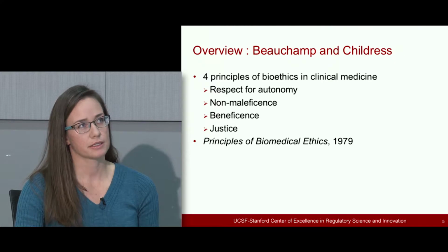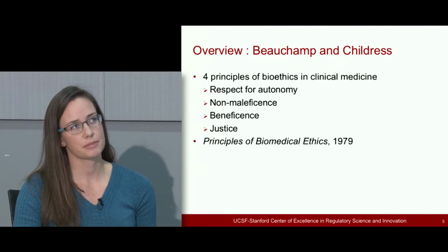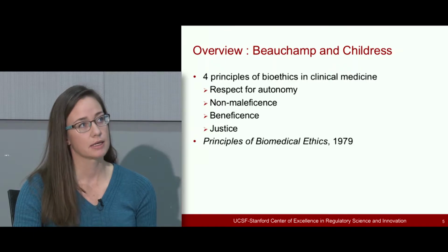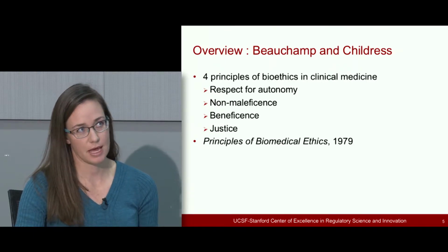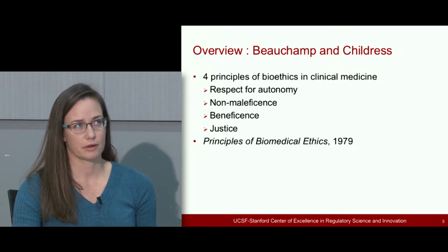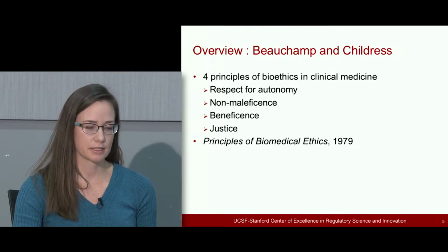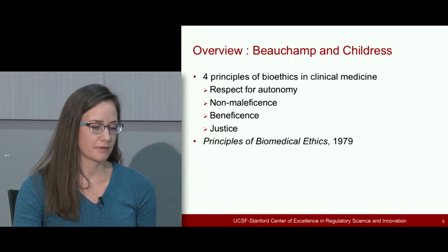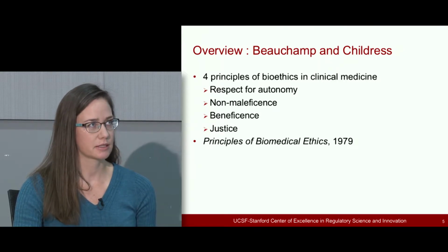The second series of principles was released by Tom Beauchamp and James Childress, also in 1979, in their book, Principles of Biomedical Ethics. Now, these principles were designed specifically for implementation in clinical medicine. And they are the respect for autonomy, non-maleficence, beneficence, and justice.